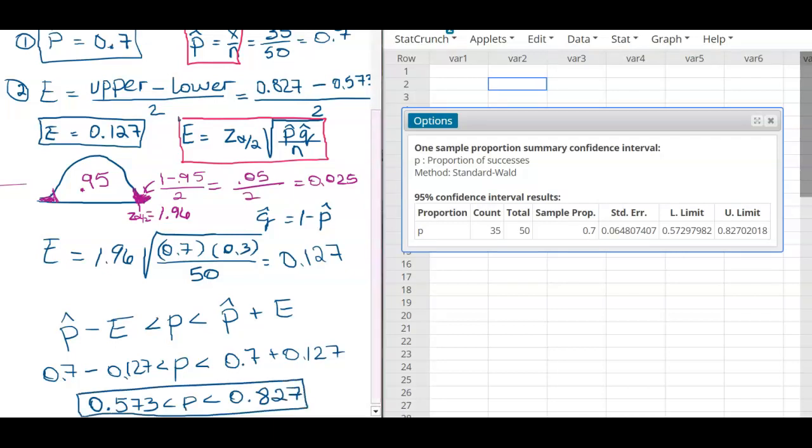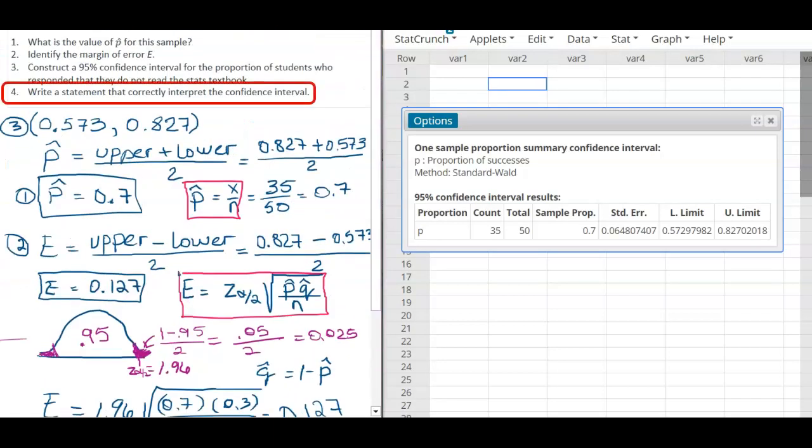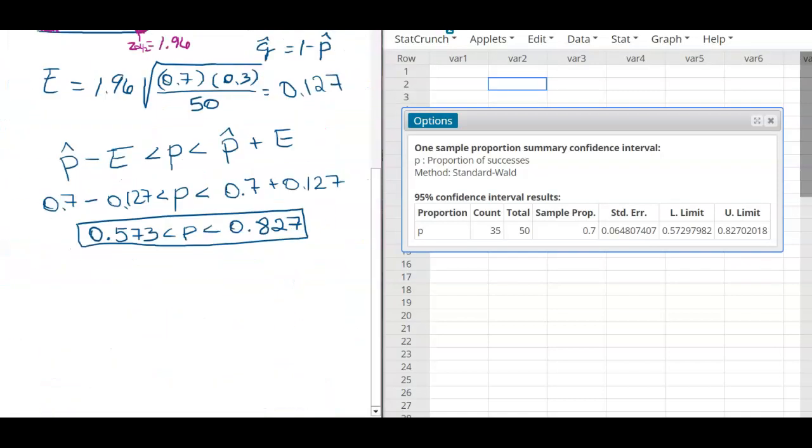Now let's answer the last part: to write a statement that correctly interprets the confidence interval. I want to scroll to the confidence interval limits so we have them in front of us. Now remember, we are looking at the confidence interval for population proportion.